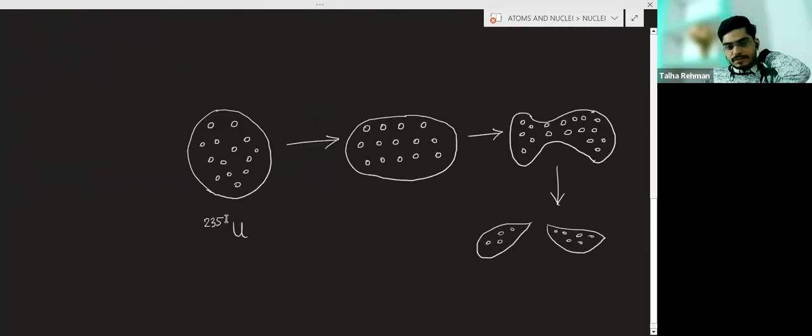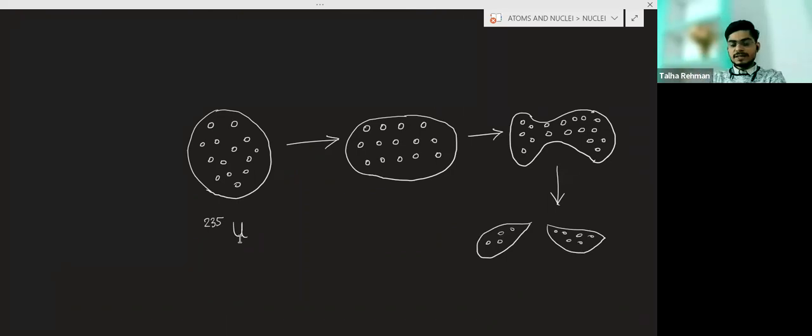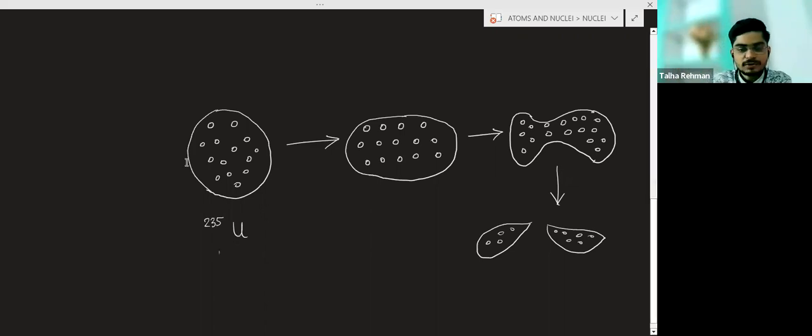In this diagram, I have taken a uranium-235 heavy nucleus because it has a mass of 235 AMU. So this is a heavy nucleus, and uranium-235 will show nuclear fission. This nuclear fission will be induced nuclear fission. Basically, a slow neutron is used to start the nuclear fission.